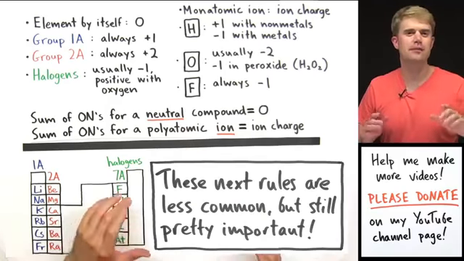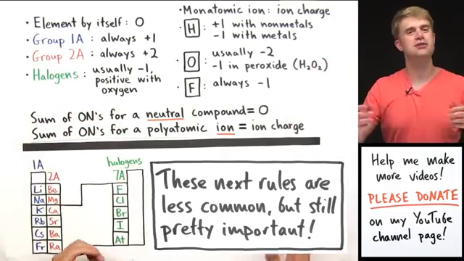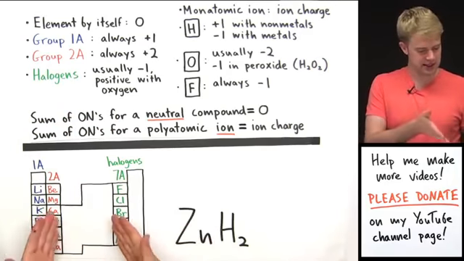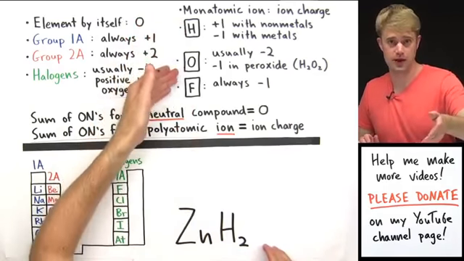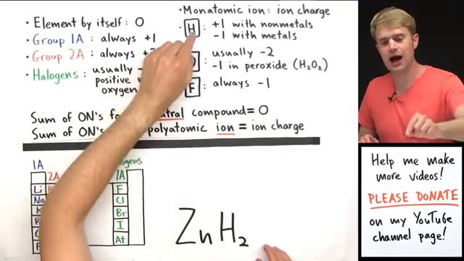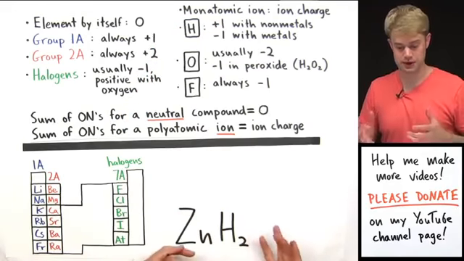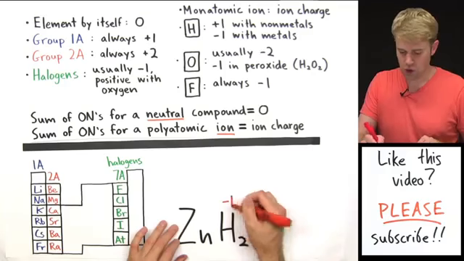Now I'm going to start talking about some more challenging examples that use some rules here that are a little less common. ZnH2. Okay, zinc here, we don't know what its charge will be, but hydrogen, we have a rule for that. Now we've been used to hydrogen's number being +1 because it's been with non-metals. But here it's with a metal, with zinc. So that means that its oxidation number is going to be -1.